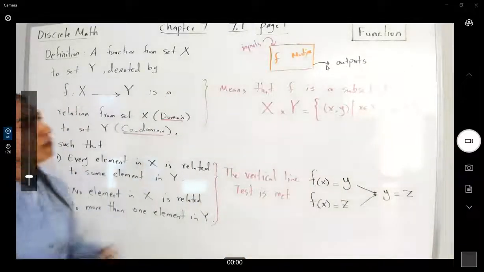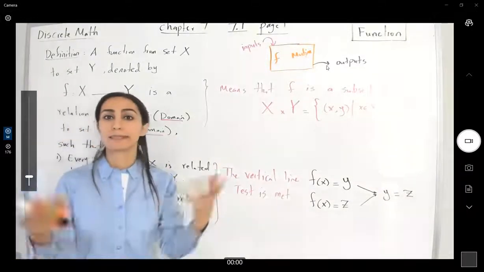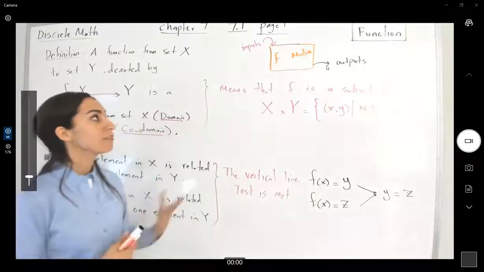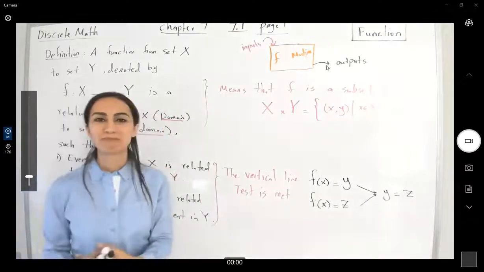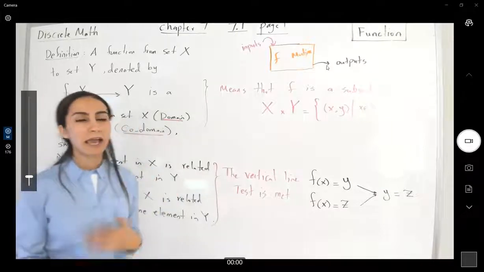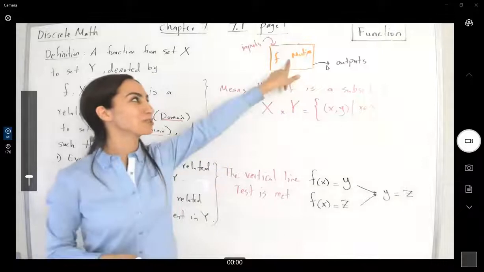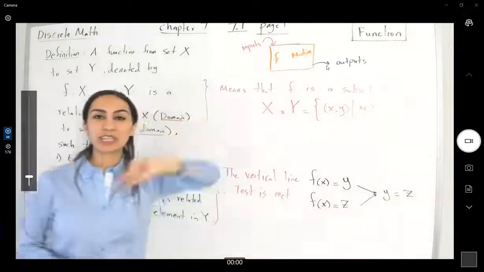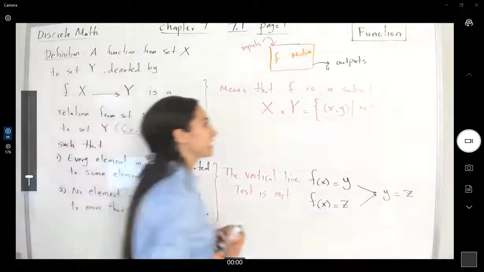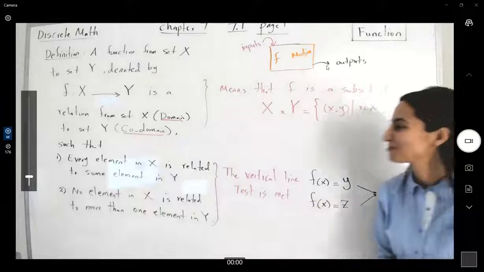Think about F as a cooking recipe. You have some ingredients like flour, vanilla, sugar, salt, egg, milk. You combine them together using your F, your function, your instruction, your machine, and then the outputs are cookies.